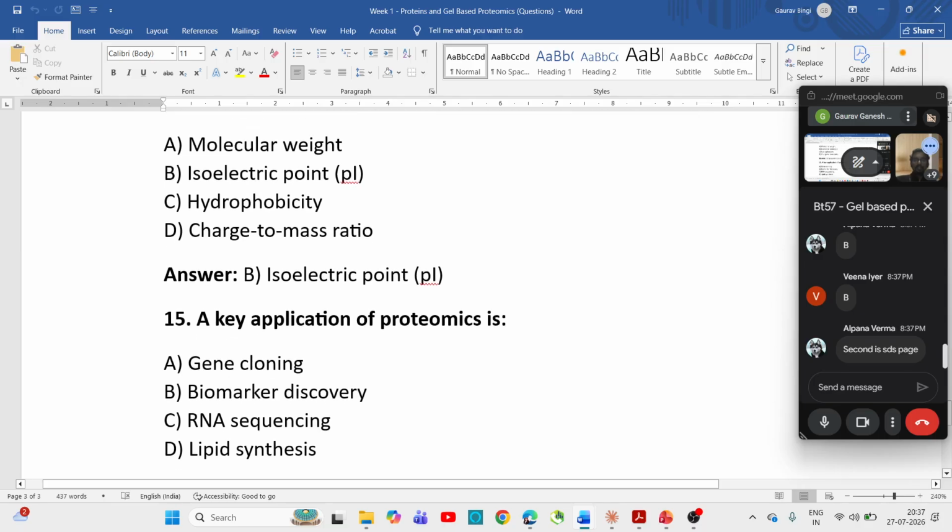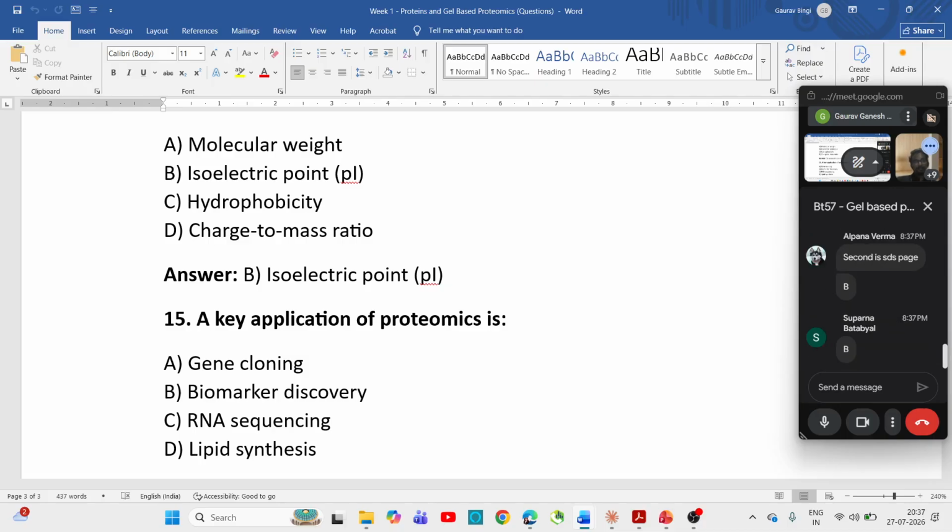One of the applications for proteomics is... I think the options here are very easy for a proteomics application. Maybe a more confusing option would have been a tricky one. Gene deals with DNA, RNA deals with the transcript. This is metabolomics, transcriptomics, and genomics.